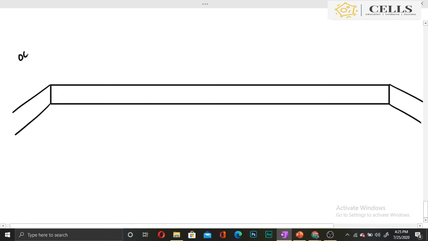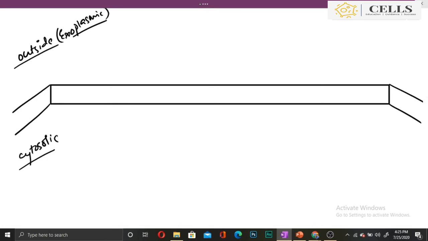This is the outside, and this is the cytosolic phase. The outside, we can also call the exoplasmic phase.